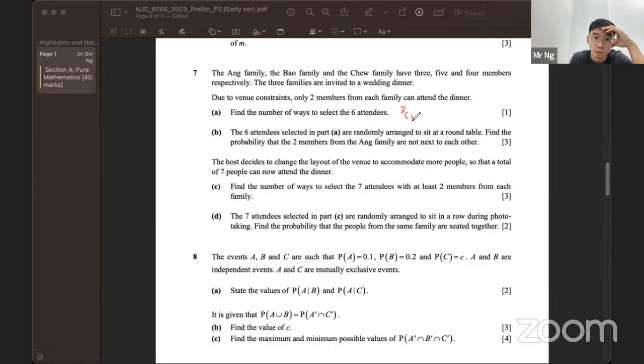So 3 choose 2, then 5 choose 2, then 4 choose 2. It's 19.